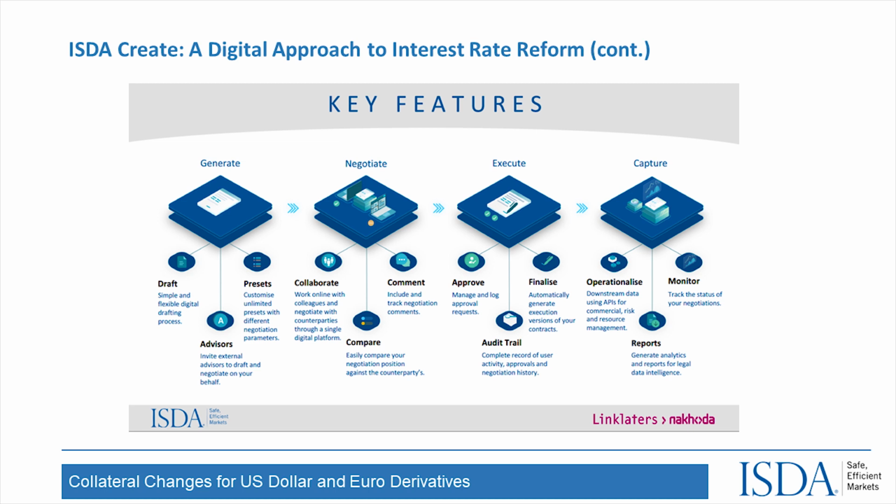So once you have generated a document, you can then negotiate all of that document online. So that includes exchanging comments, producing blacklines of particular provisions, and then when it comes to execution or even part of the negotiation process, you can also manage internal approvals.